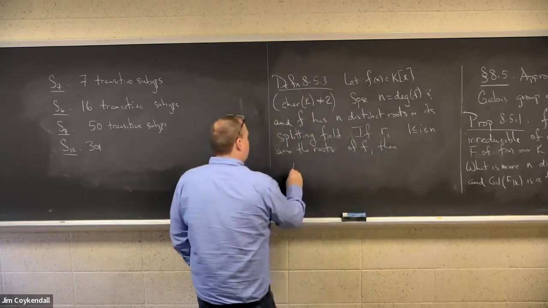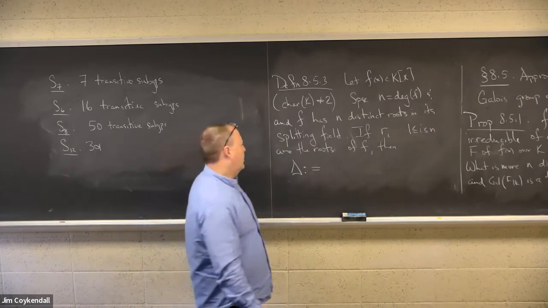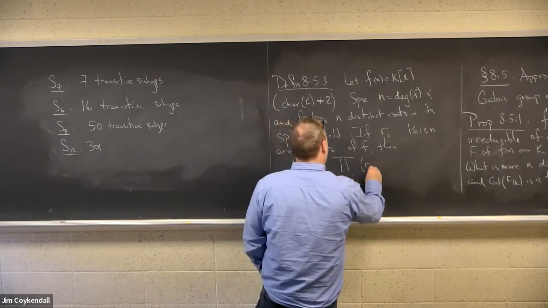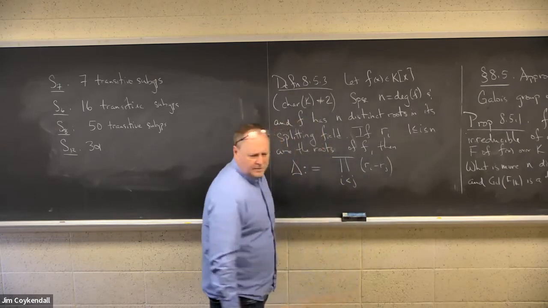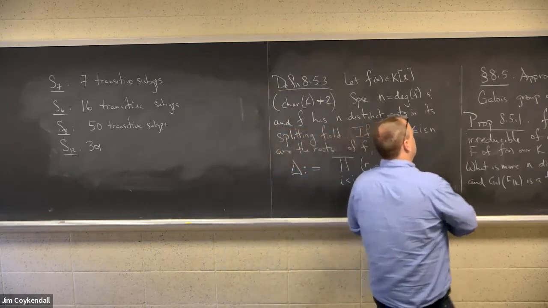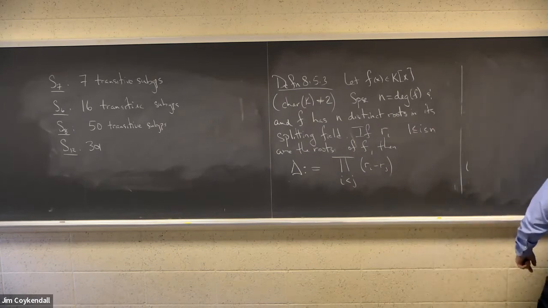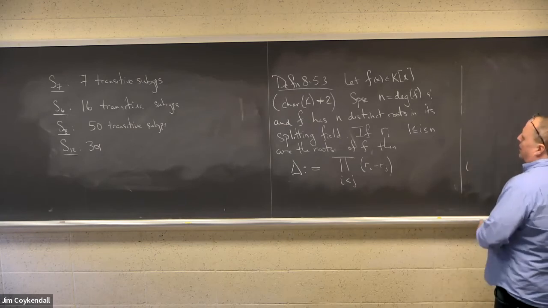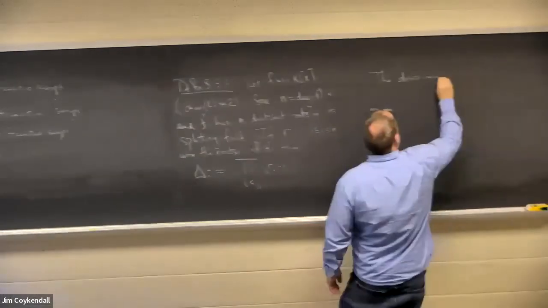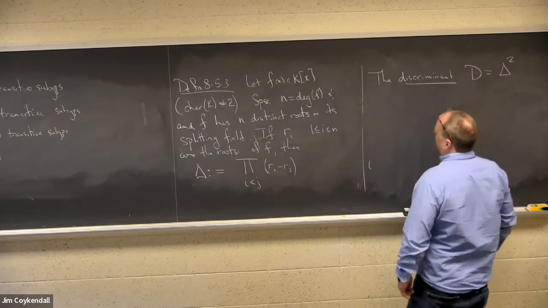Then we define this thing delta to be equal to the product over i less than j of Ri minus Rj. The discriminant is equal to delta squared.